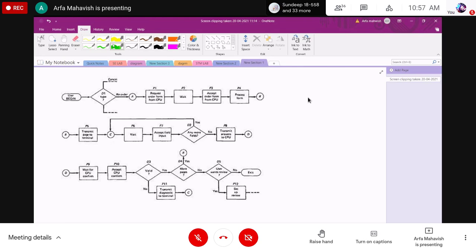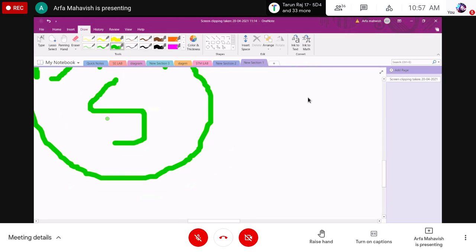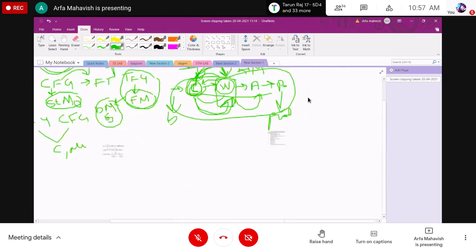So you have seen this example, right? By seeing this diagram, you can say how the flow of your system is occurring, how the behavior is occurring at that stage.